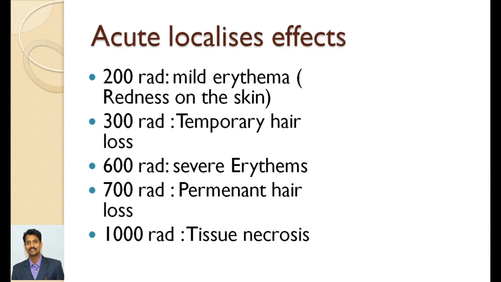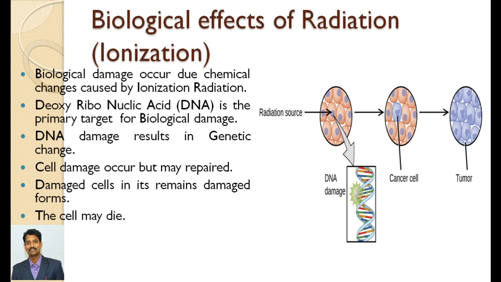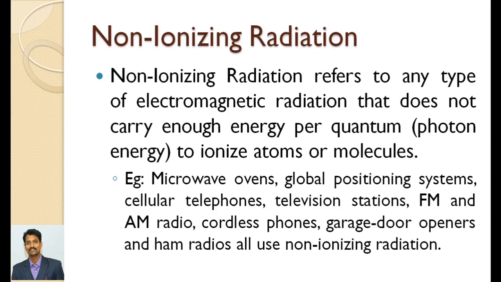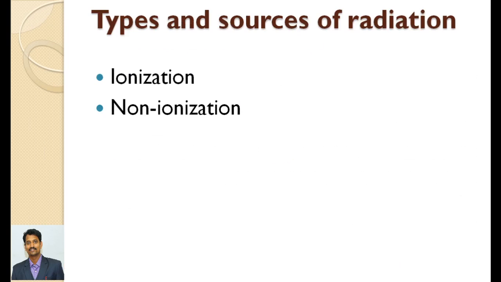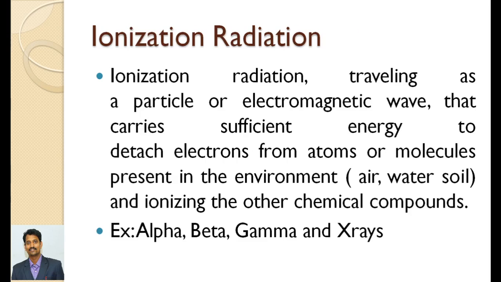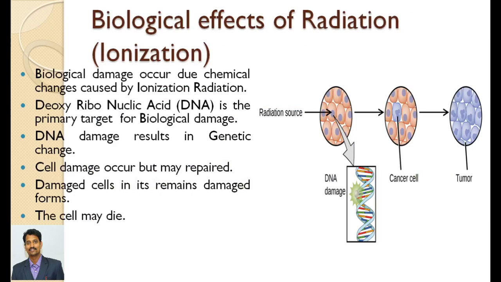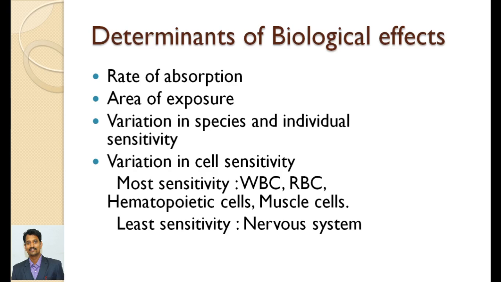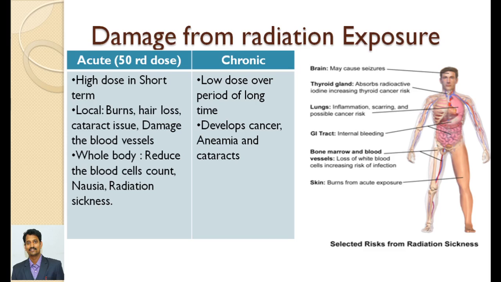So in this class we have discussed what a radioactive element is, the types of radiation, ionizing and non-ionizing, and what alpha, beta and gamma radiation are, and how radiation affects the biological system or the human by damaging the DNA, leading to cancer cells, and the acute toxicity of radiation, which causes skin burns, damages internal organs and reduces the blood count, and death may occur within 3 to 5 days.